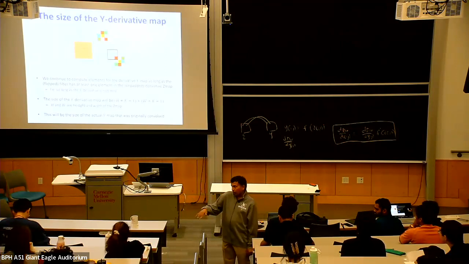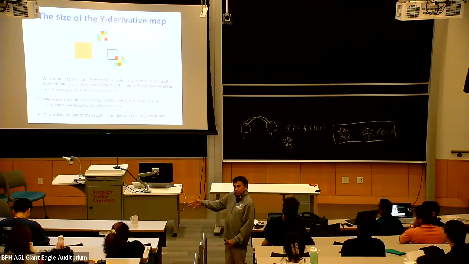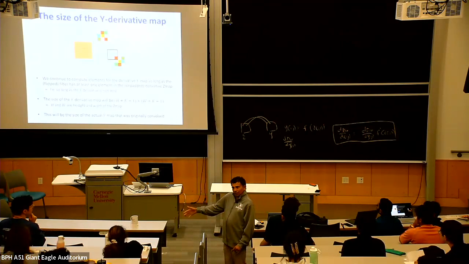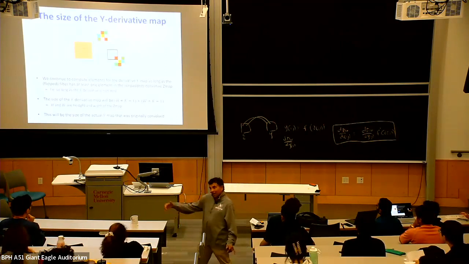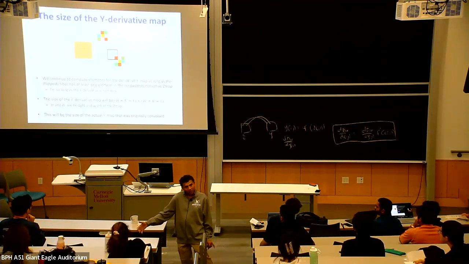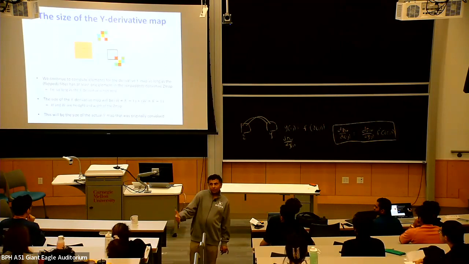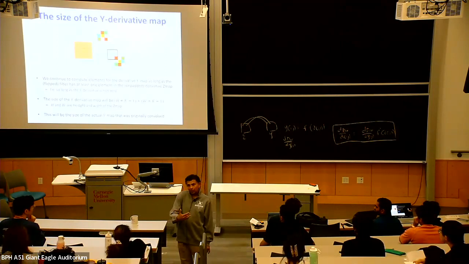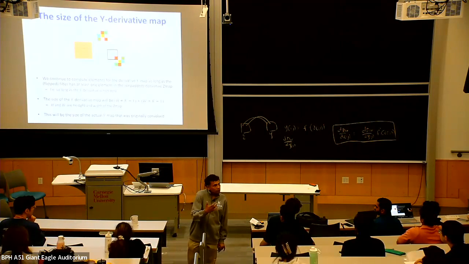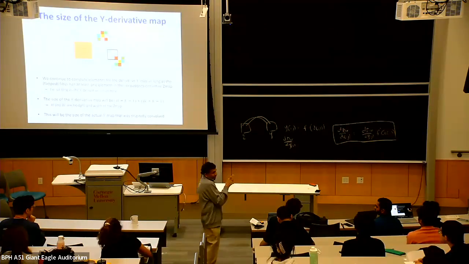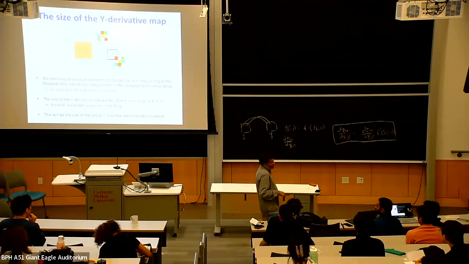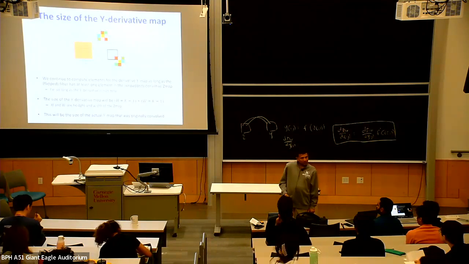When you went forward, if your filter size was k, you lost k minus 1 rows. So you have to compensate for it. You're padding 2 times (k minus 1) rows, but then you're convolving with a k-size filter, so you lose k minus 1 elements. So you lose one of the 2, and you end up with a derivative which is the same size as the input itself.